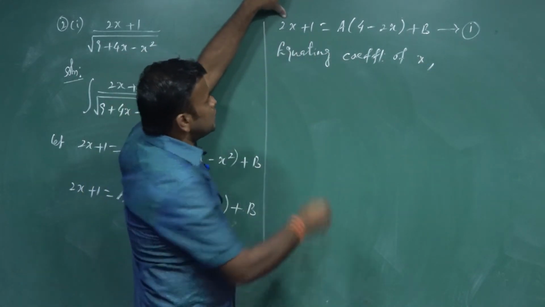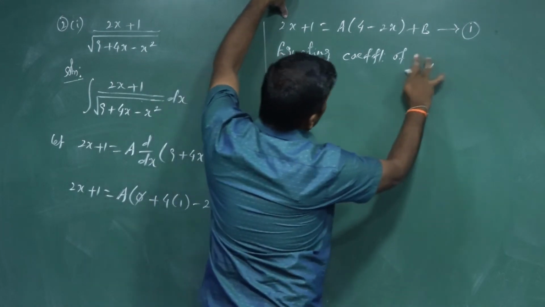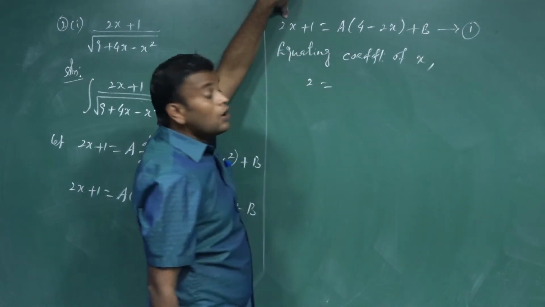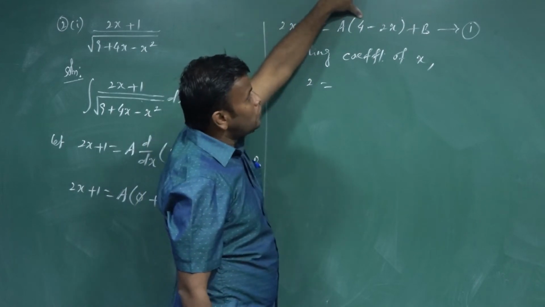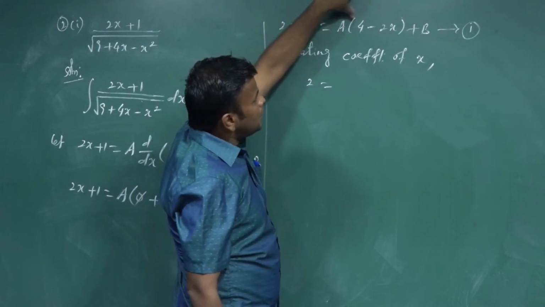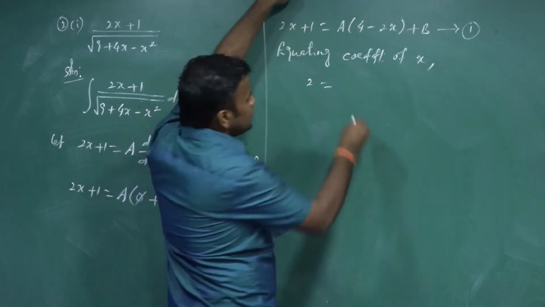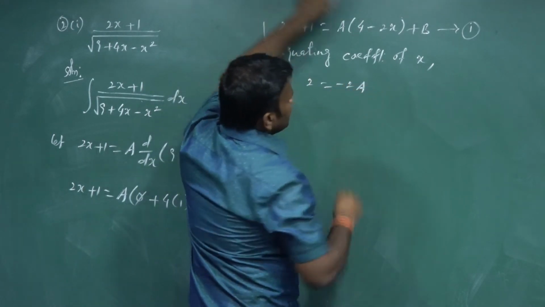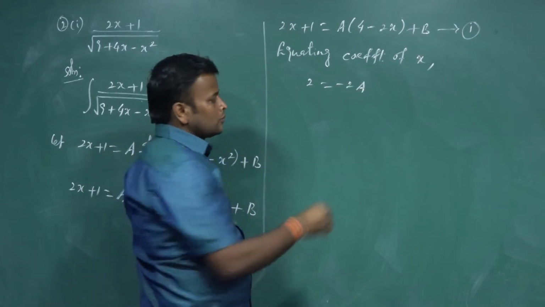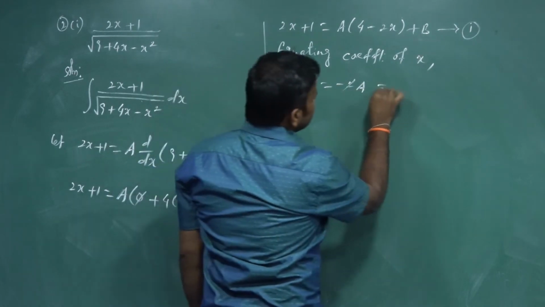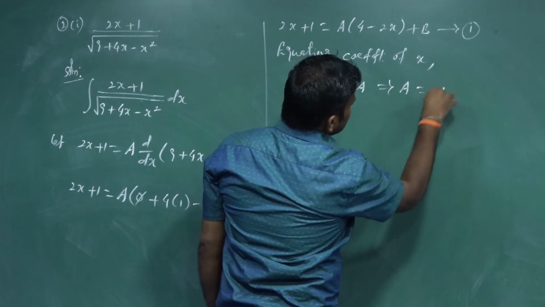The coefficient of x in LHS is 2. The coefficient of x in RHS: a into 4 is a constant, a into minus 2x, so minus 2a. I cancel this 2, 2.